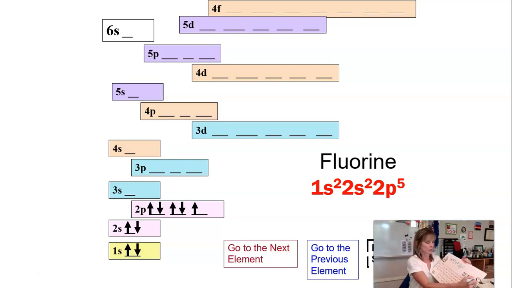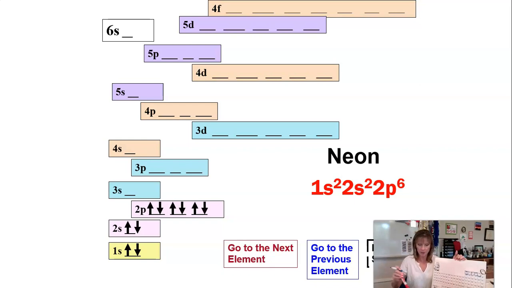Fluorine, right next to it. Fluorine is going to be 1s2, 2s2, 2p5. All right, I think you're getting it. Now neon, right here on the end, a noble gas.